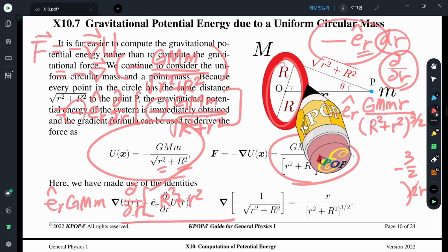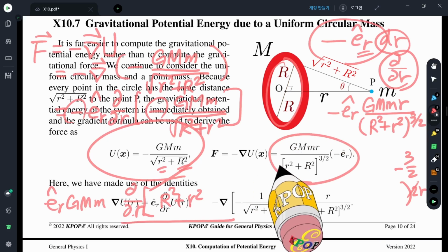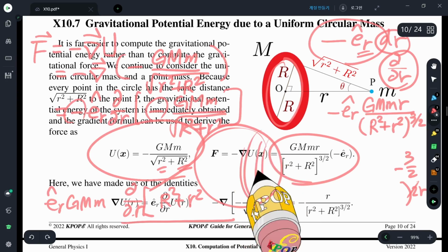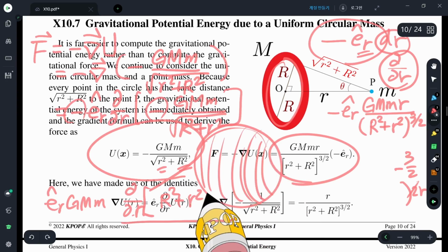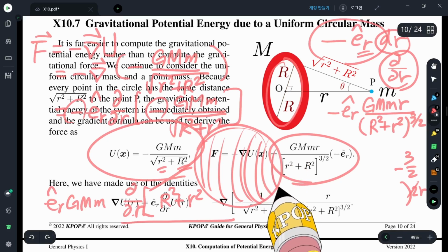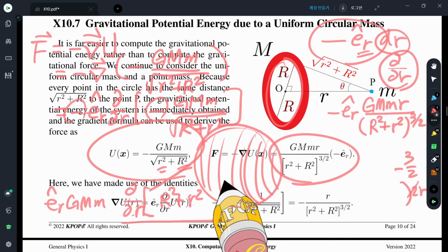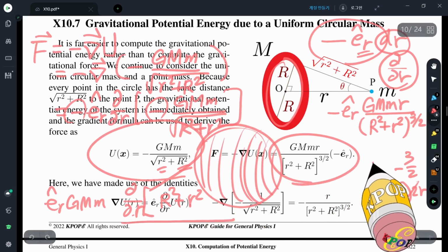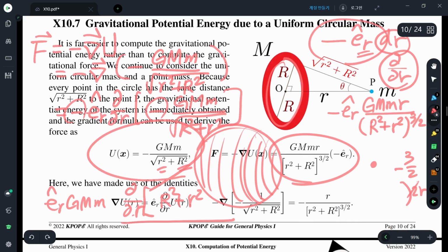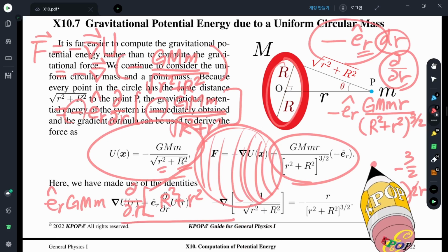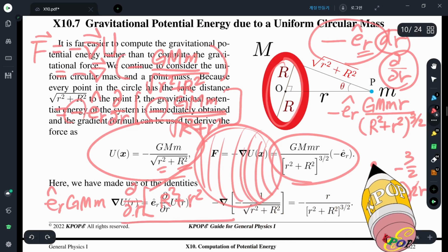If I know this, I can go further. Actually, a shell can be decomposed into many rings. So this integration is possible, and actually Newton was the first person who evaluated the force between a shell and a point-like object. He found that the force between the shell and a point is what?